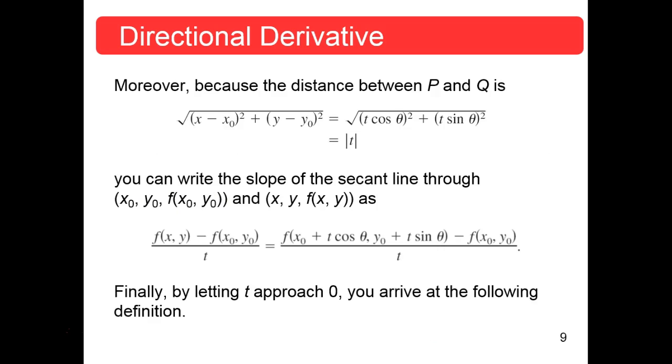So that's where you get those. Well, guess what? Square root of t squared cosine squared theta plus t squared sine squared theta, factor out a t squared, and you get t squared times cosine squared theta plus sine squared theta.